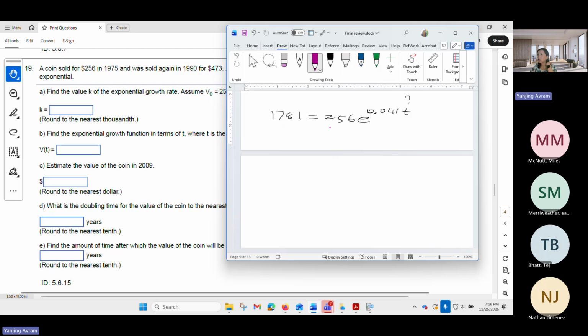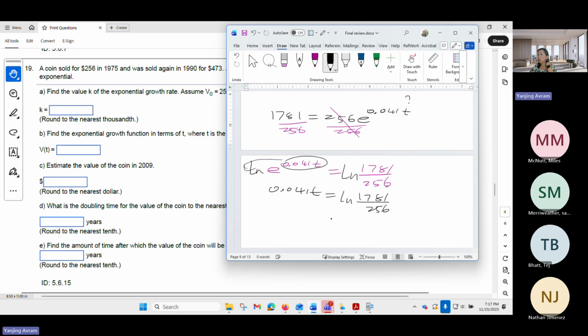Well, you need to isolate this one, divide by 256 on both sides first, right? So you're going to have e to the 0.041 t equal to this one, okay? And put a ln on both sides. And then this whole thing will become the coefficient 0.041 t. ln of e will be 1. All right, so you just use this whole thing divided by 0.041.